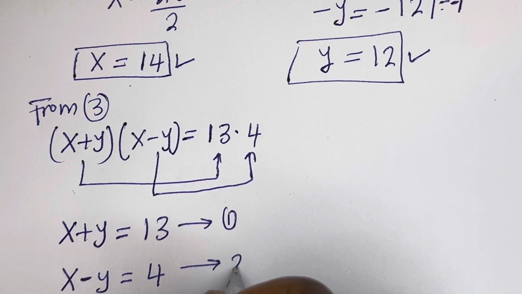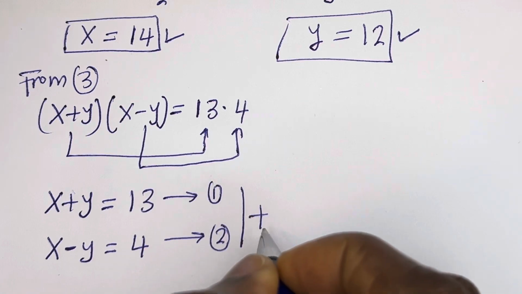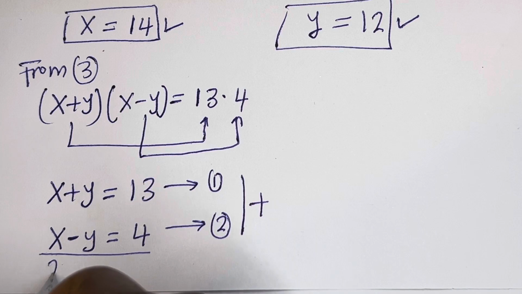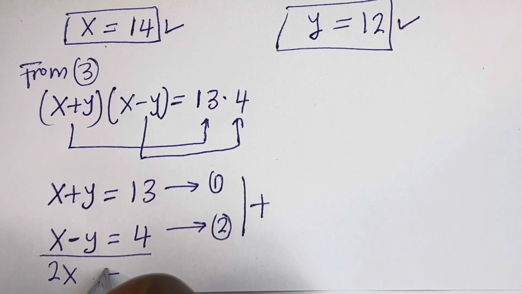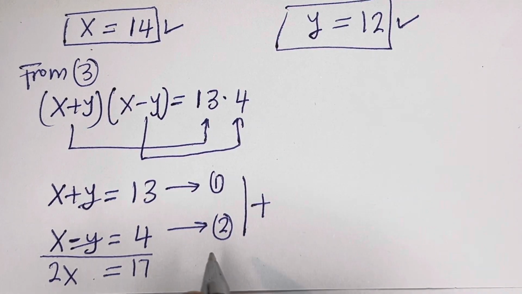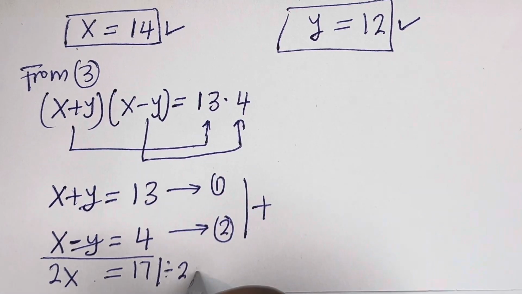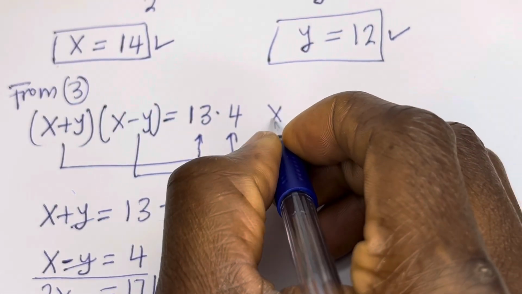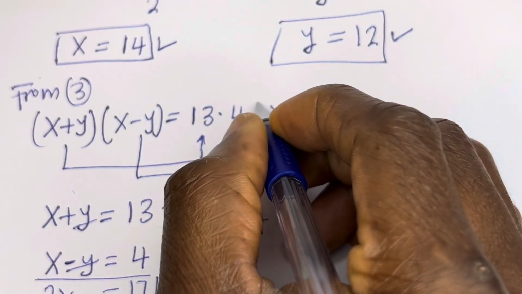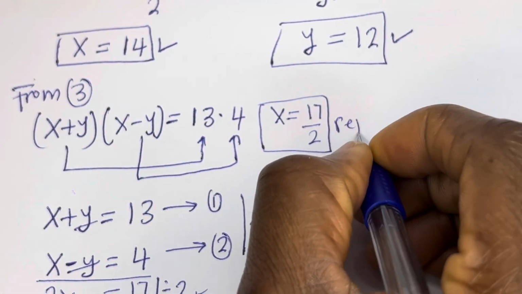Let's call this equation 2. Now let's add the two equations together using the elimination method. This is 2x is equal to, this will cancel this, 13 plus 4, that is 17. Now if you divide all through by 2, from here x is equal to 17 over 2. This is the value of x, and it's not a natural number, it is rejected.